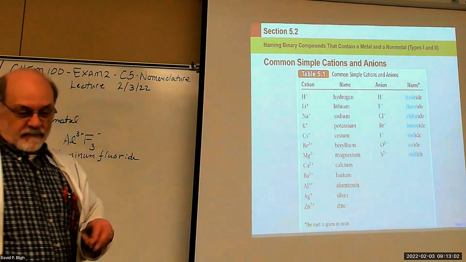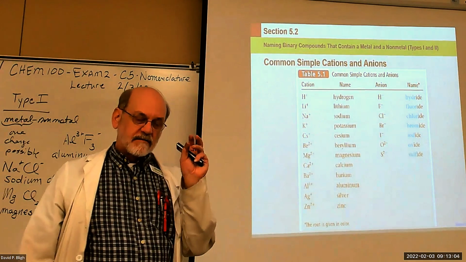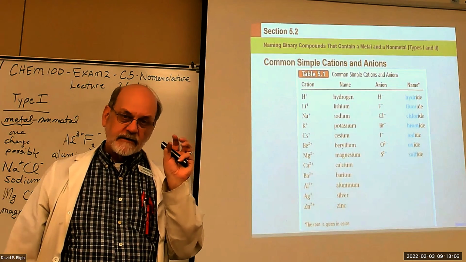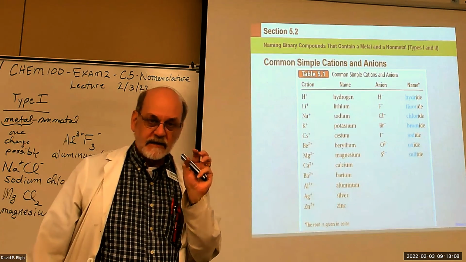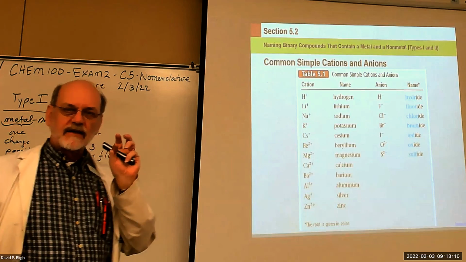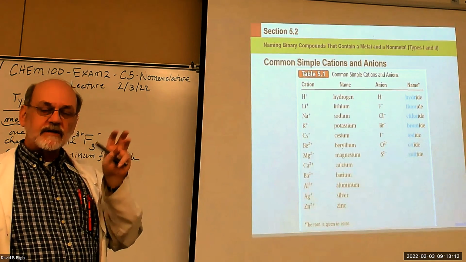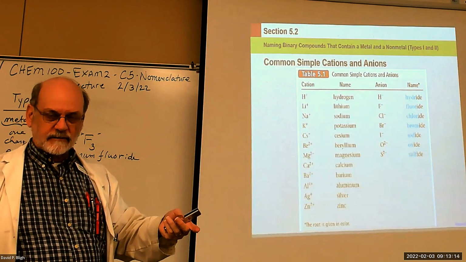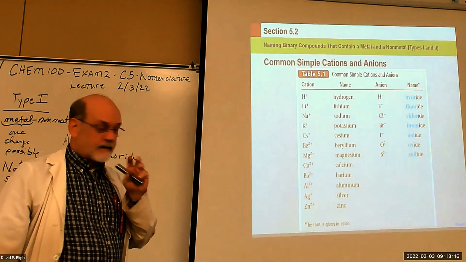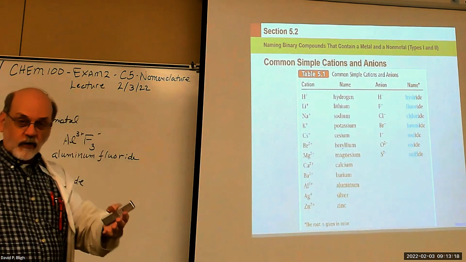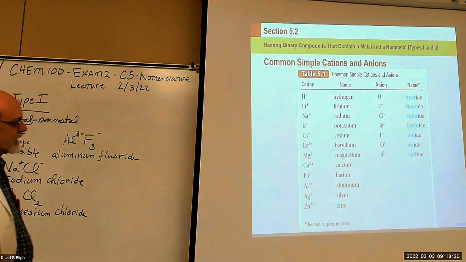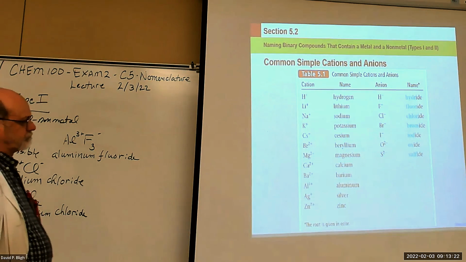Okay? Now, to this point, we've taken the compound formulas and written the name. But you need to be able to go the other direction. Take the name and write the formula. So let's pick another one.